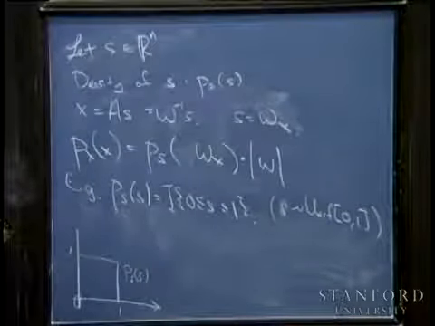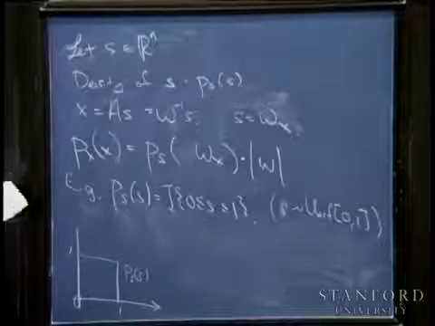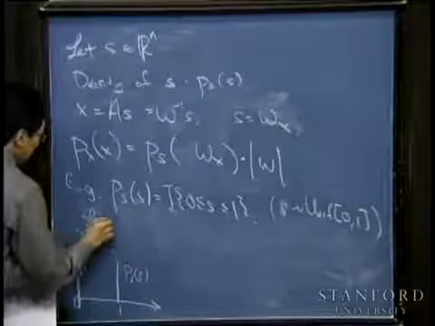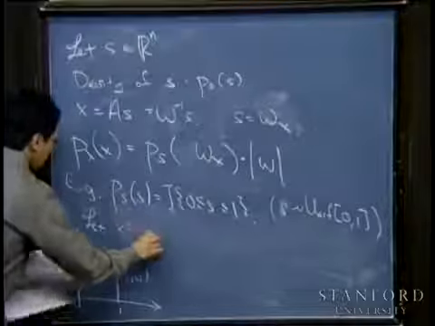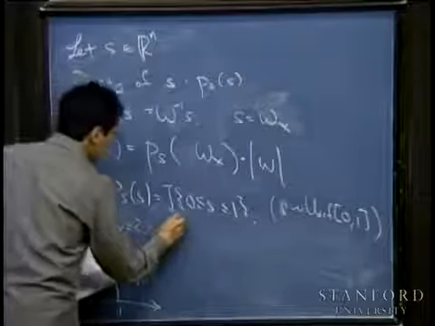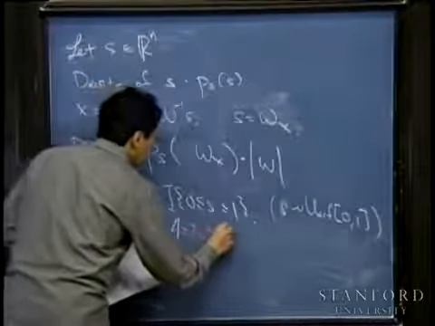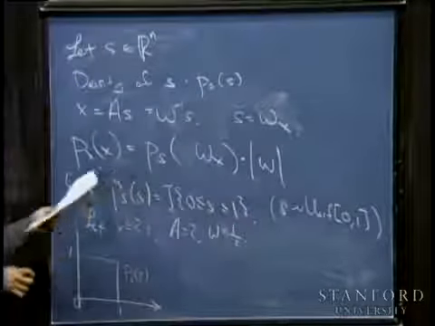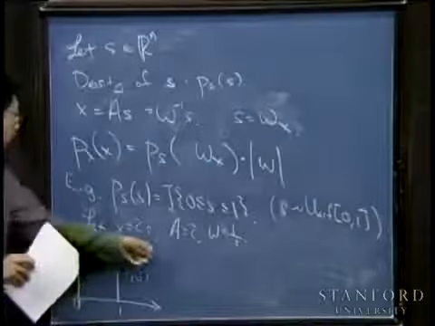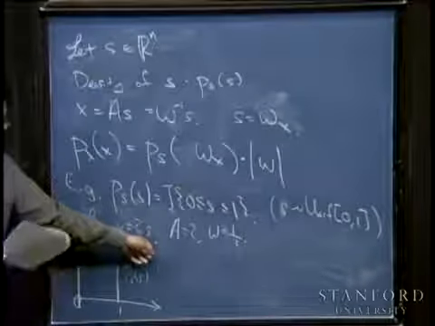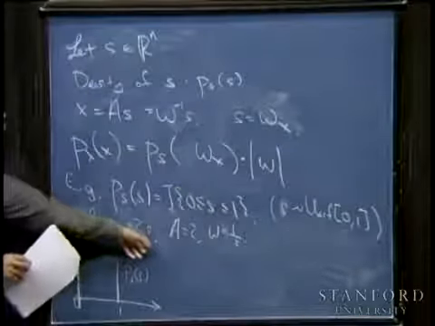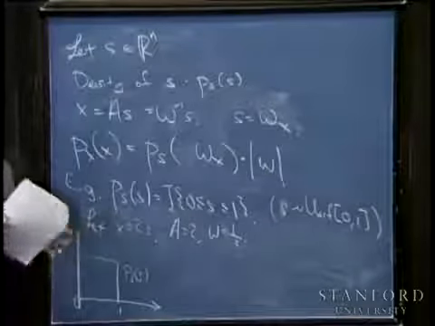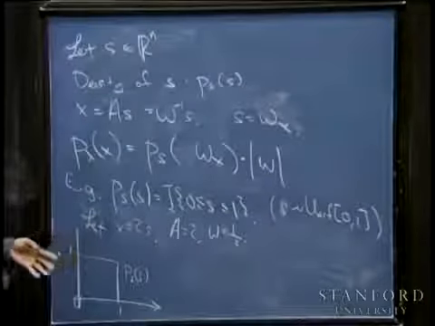It's just the density for the uniform distribution over 0, 1. So let X be equal to 2 times S. And so this means A equals 2 and W equals 1/2. So if S is a uniform distribution over 0, 1, then X, which is 2 times that, will be the uniform distribution over the range from 0 to 2.